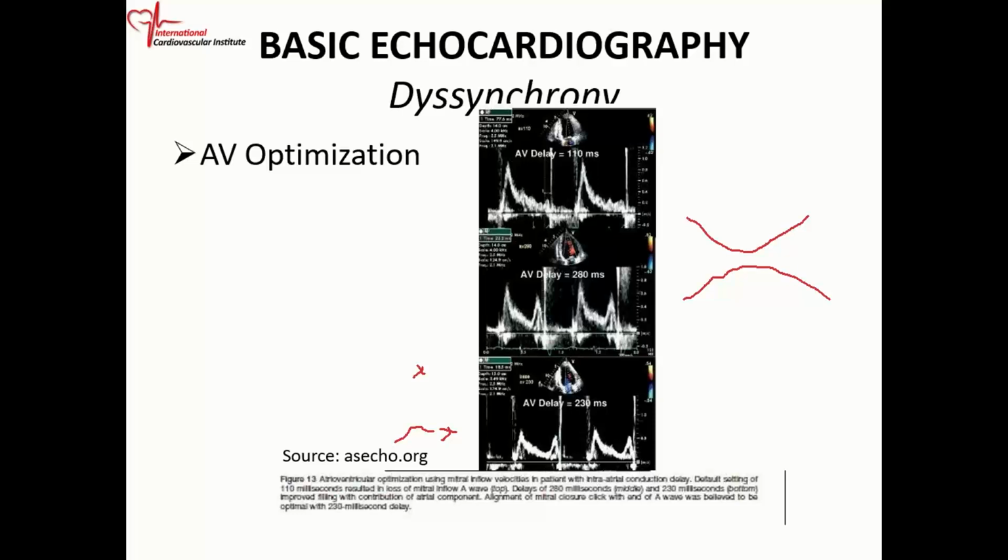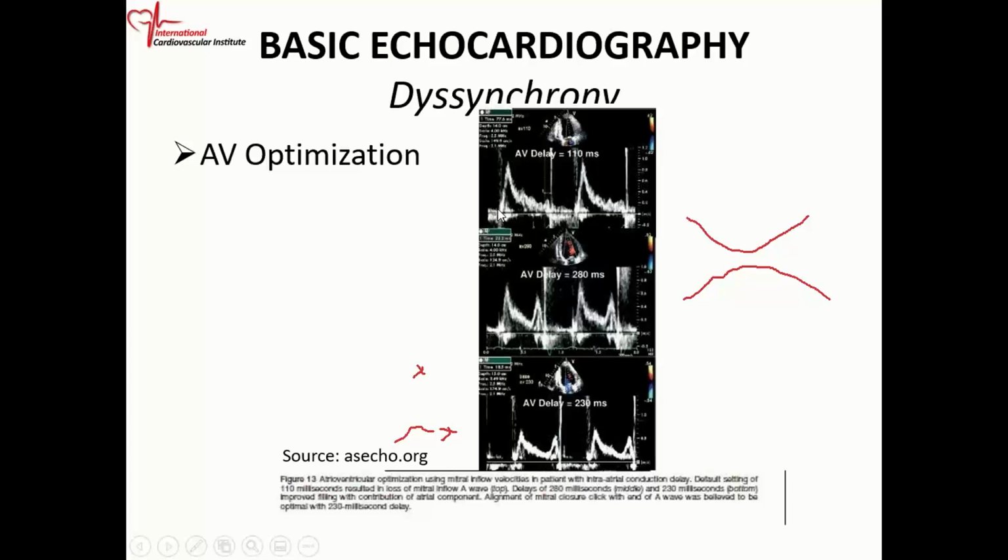If you don't get them a BiV ICD, that's malpractice right there. So you have to give them resynchronization therapy and ICD.